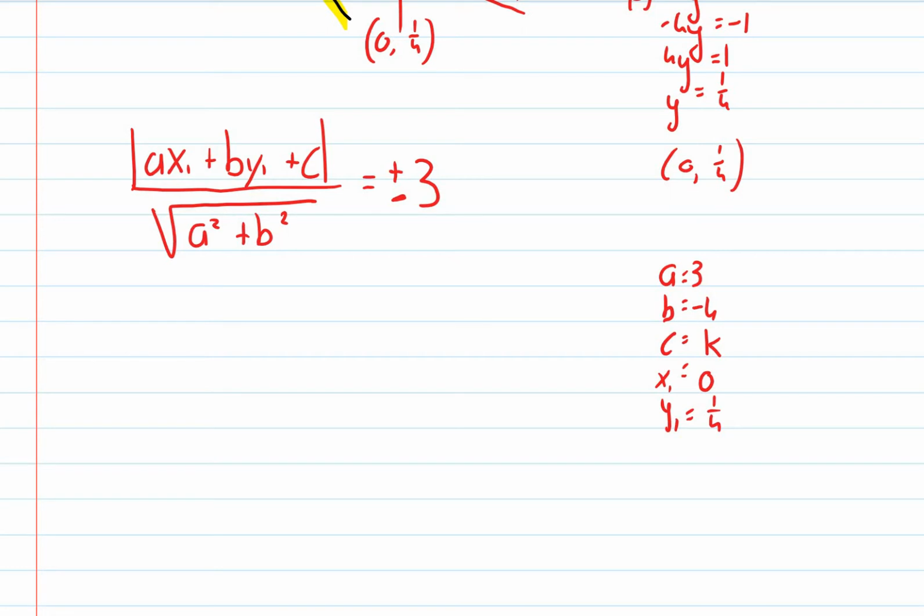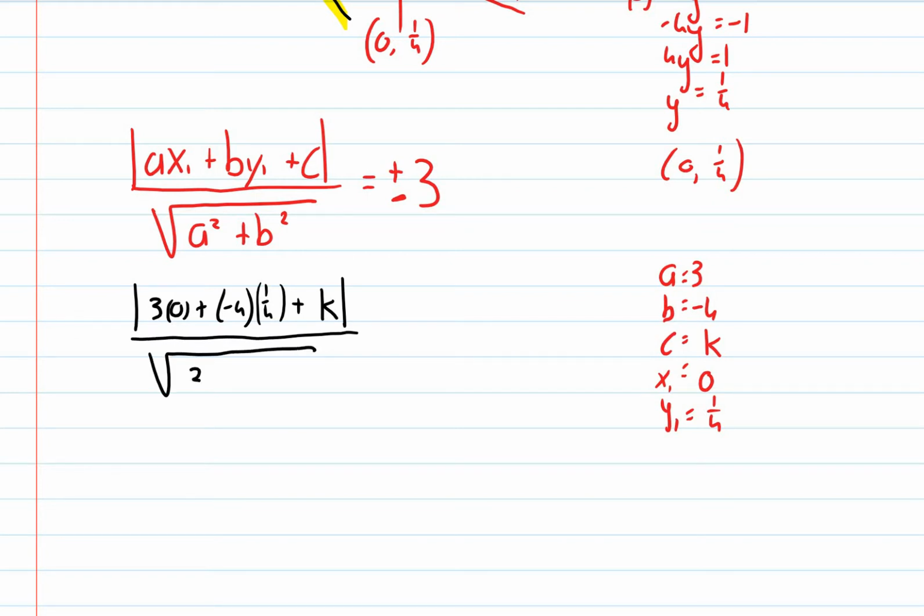We fill in what we know. So 3 multiplied by 0 plus minus 4 multiplied by a quarter plus c, which I don't know what it is, we call it k, all over square root of 3 squared plus minus 4 squared.